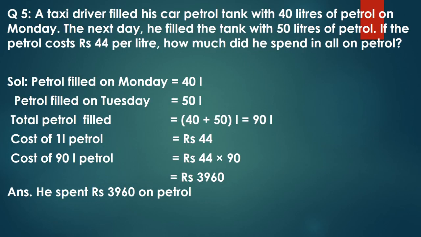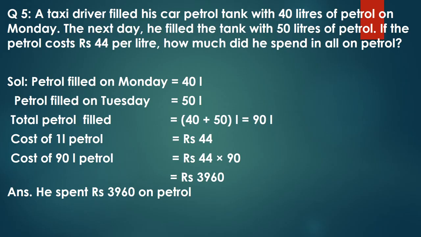Question number 5 is, a taxi driver filled his car petrol tank with 40 liters of petrol on Monday, and on the next day he purchased 50 liters of petrol.